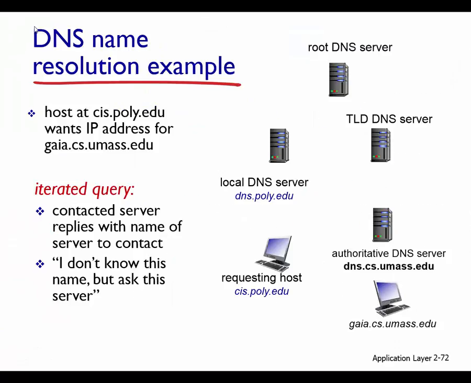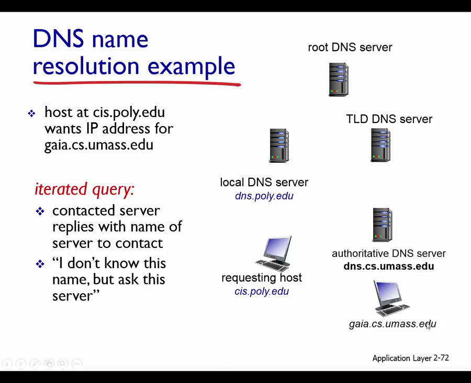So imagine that you have a host at cis.poly.edu, or that's some university, and it wants to get the IP address of gaia.cs.umass.edu, and that would be the UMass Amherst location.